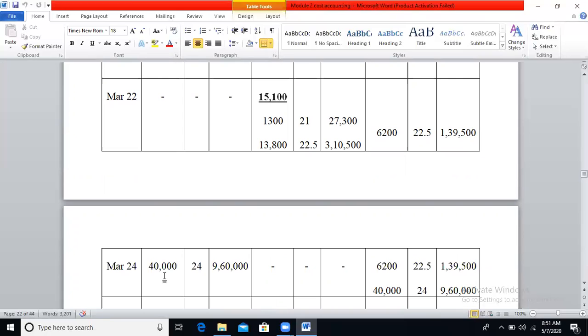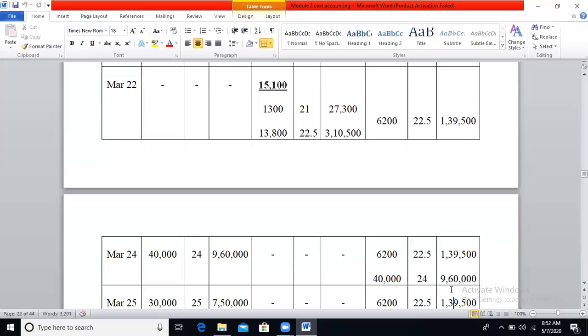So if you multiply 40,000 into 24, you will get the value as 9,60,000. So still we are having the balance of 6,200 units at the rate of 22.5. The value will be 1,39,500, and the new purchase 40,000 units at 24 rupees. You will get the total value as 9,60,000.